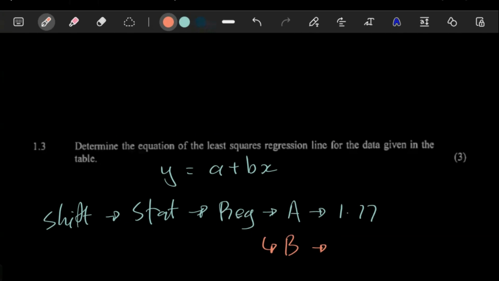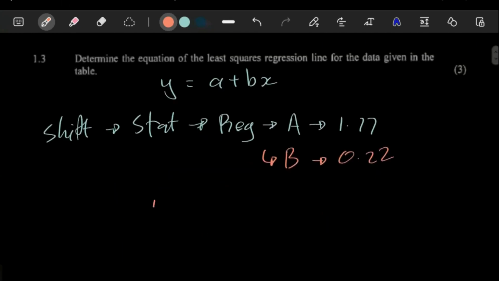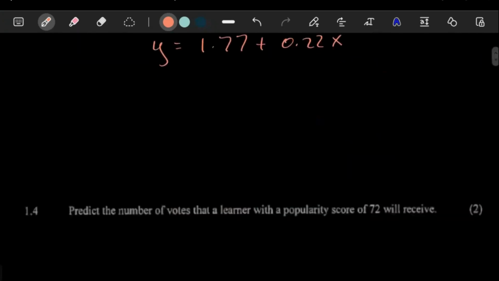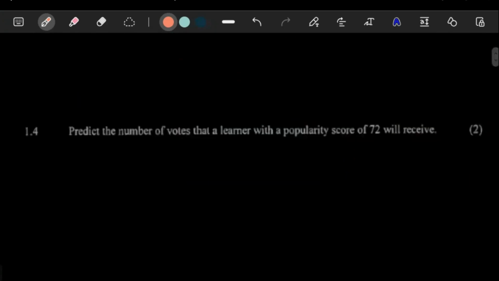So this is going to be y equals 1.77 plus 0.22x. There you go. That's the equation of the least squares regression line. Nothing crazy, easy 3 marks.